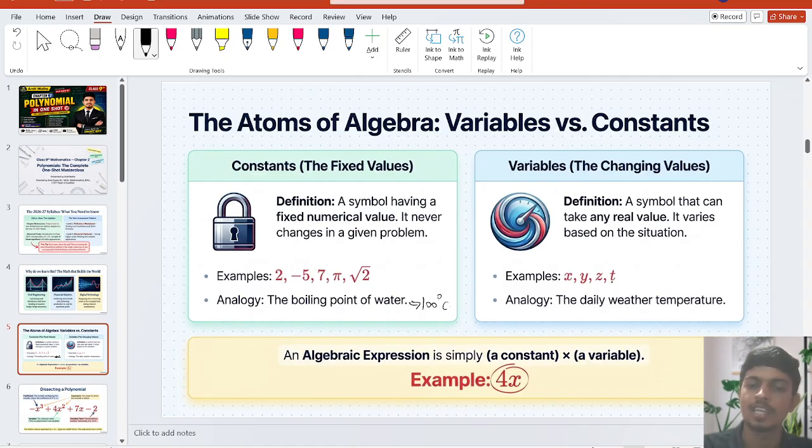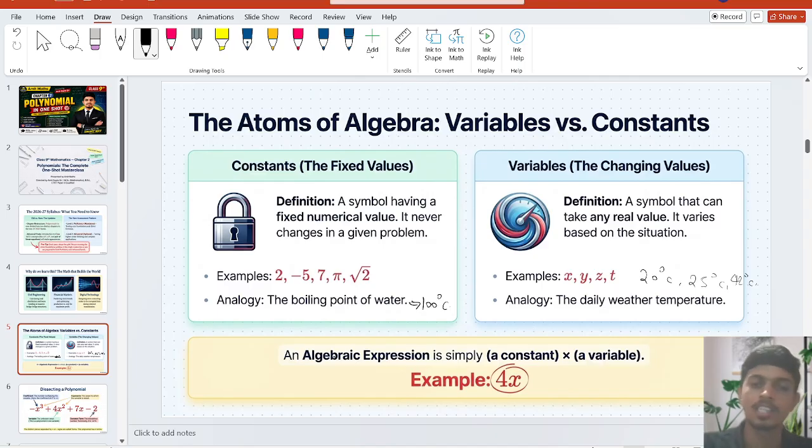Examples: x, y, z, t. Example: the daily weather temperature. You always experience that the temperature of daily weather keeps changing. One day it is 20 degrees Celsius, then 25 degrees Celsius, and in summer it can even reach 42 degrees Celsius.